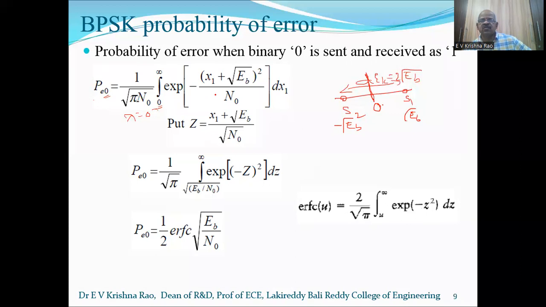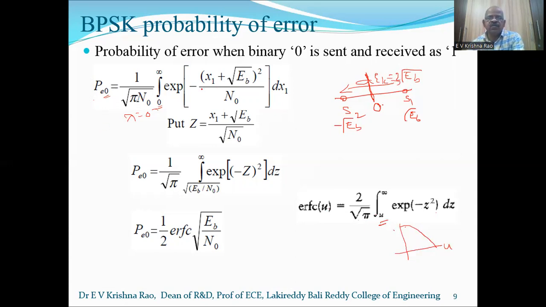We integrate this to express it in terms of the complementary error function. The complementary error function is defined as ERFC of u, the integral from u to infinity of e power minus z square, which is an exponentially decreasing function of u.